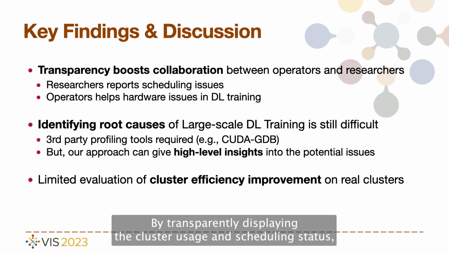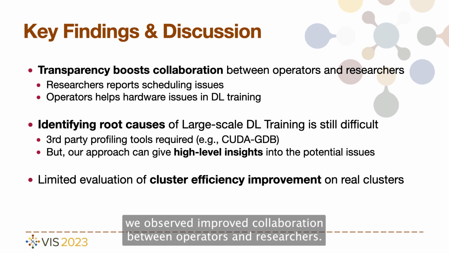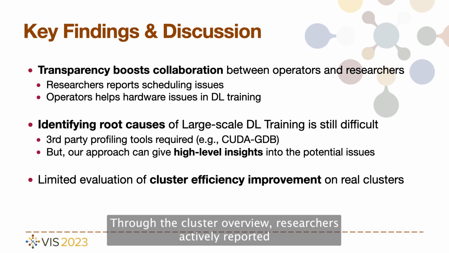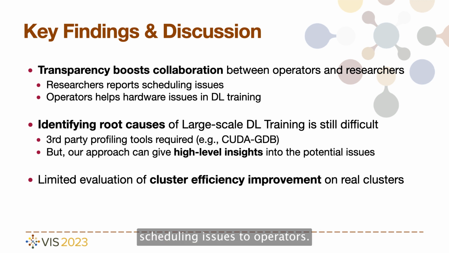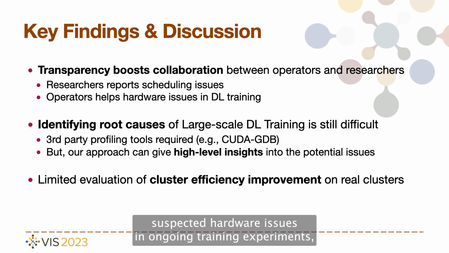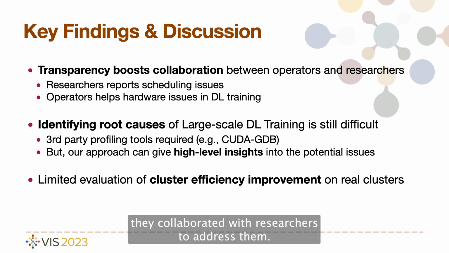By transparently displaying the cluster usage and scheduling status, we observed improved collaboration between operators and researchers. Through the cluster overview, researchers actively reported scheduling issues to operators. In turn, when operators suspected hardware issues in ongoing training experiments, they collaborated with researchers to address them.